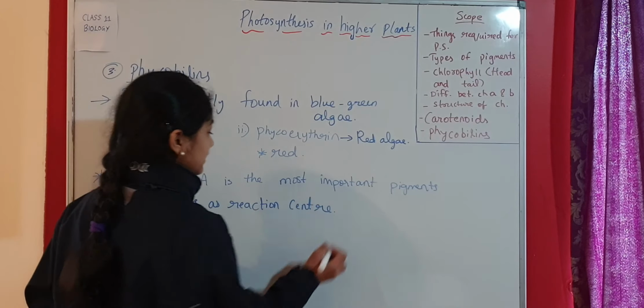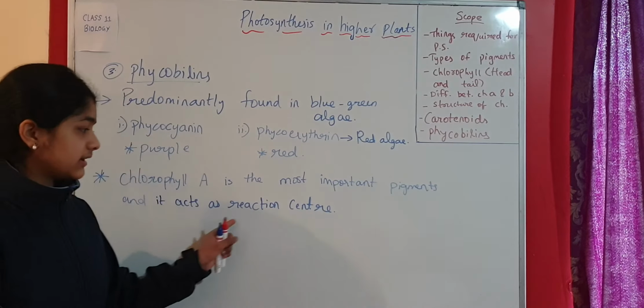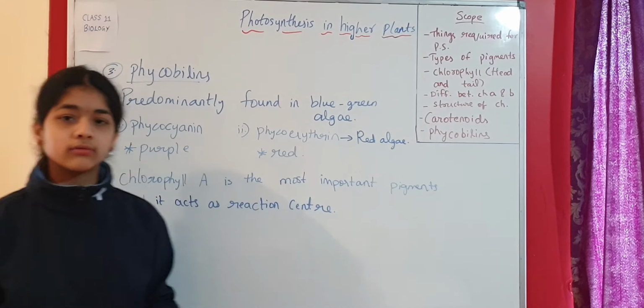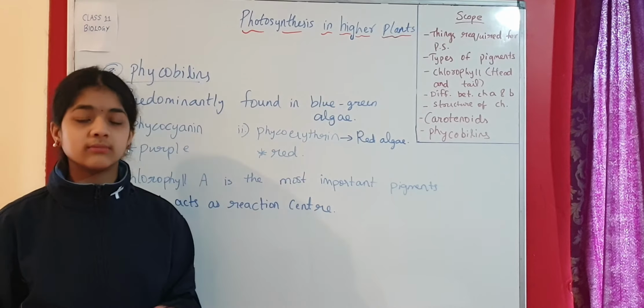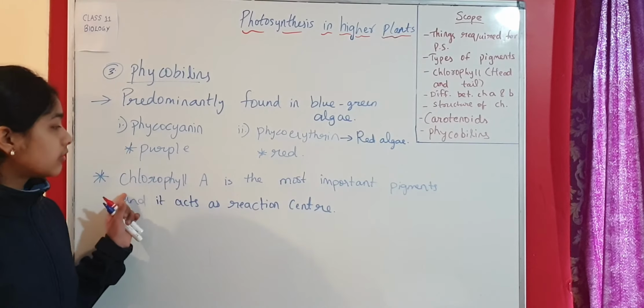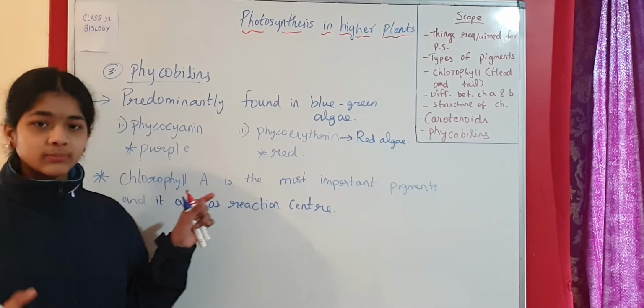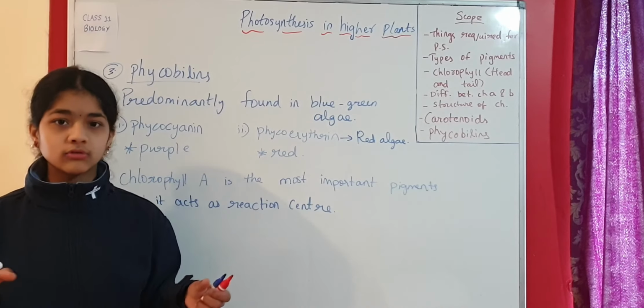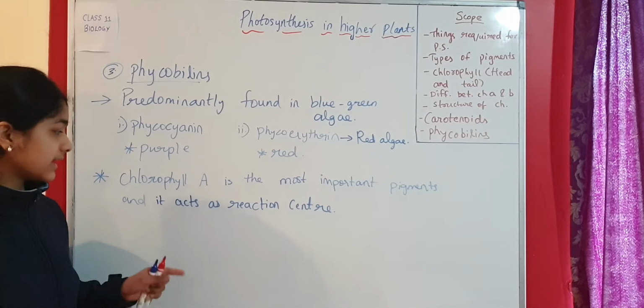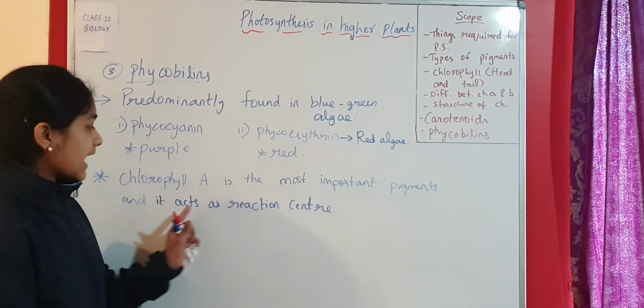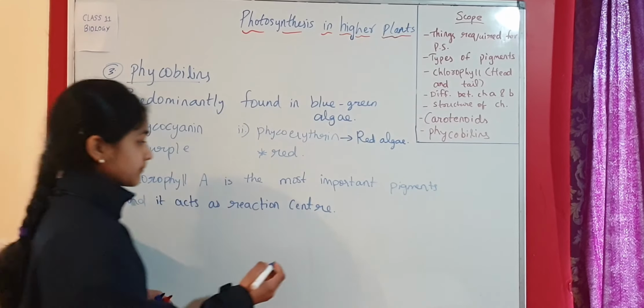What is reaction center? We will take the reaction center when we are talking about photosystems, PS1, PS2, Emerson's effect, etc. So chlorophyll A is the most important pigment, and this chlorophyll A is present in the middle of photosystems, we'll take them in detail in the next videos, and this acts as reaction center.